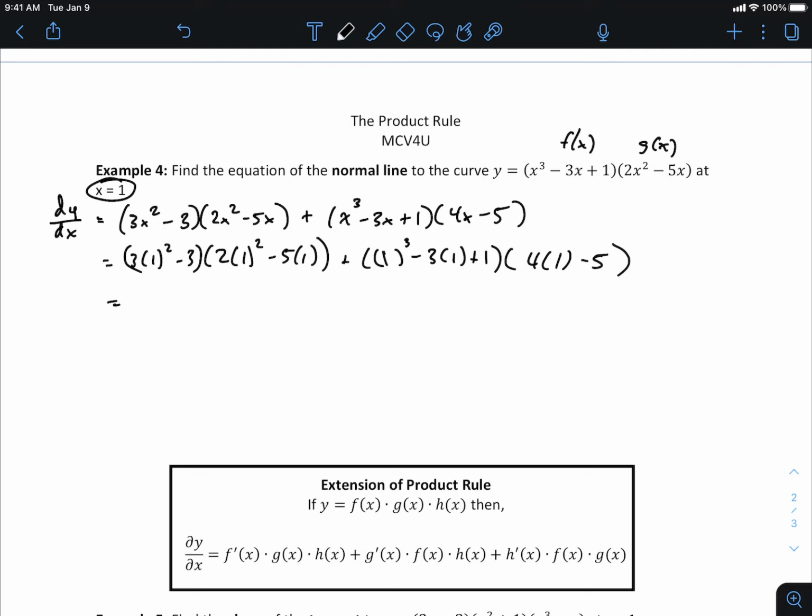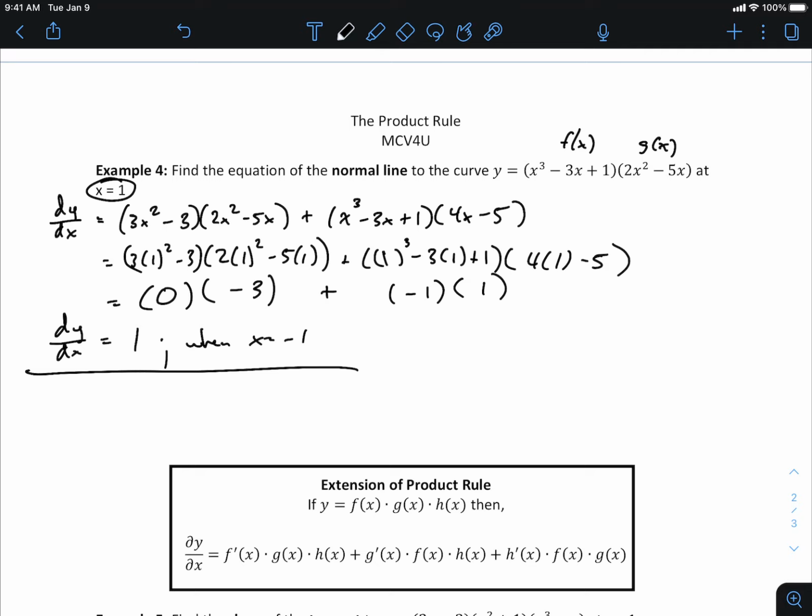Okay, and we're going to see 0 multiplied against negative 3 plus negative 1 times 1. Okay, and we find out that dy/dx is actually going to equal 1 when x equals negative 1. Okay, and so that is the slope of the tangent when x equals negative 1. Right there. That's the slope, m value.